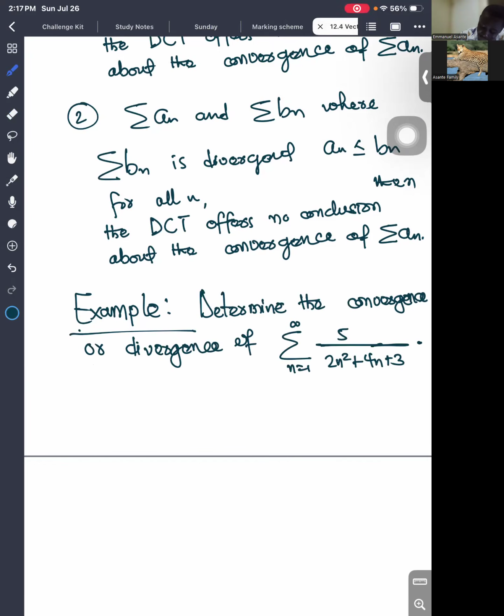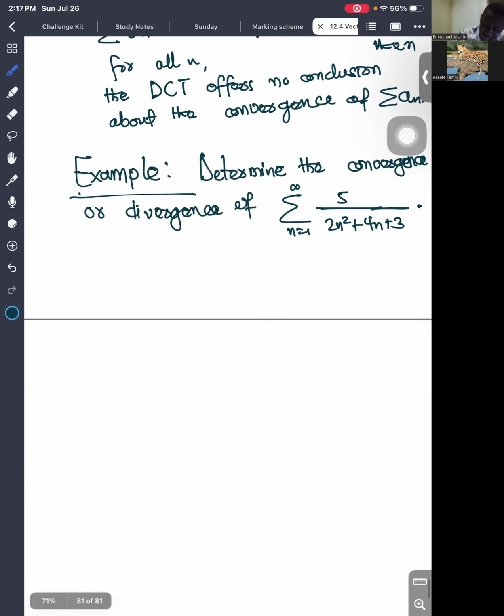Well, you ask yourself, what series do I know that resembles this one? And by the way, whenever you have to use the direct comparison test, you have to have two series at hand: the one which you are given to test for convergence, and one which you already have in mind, one which you are familiar with.